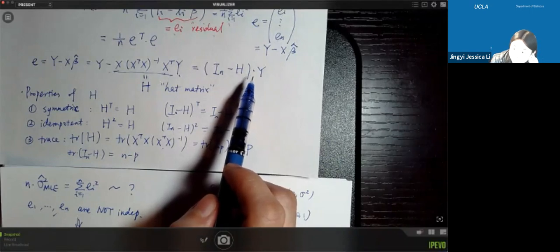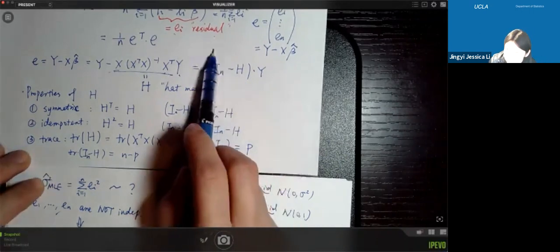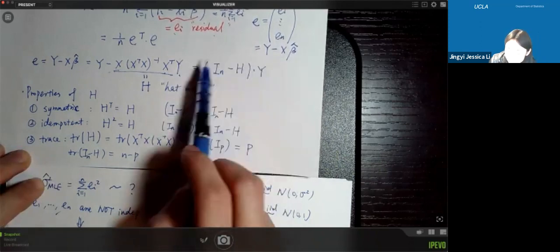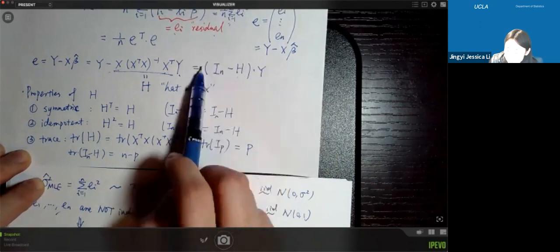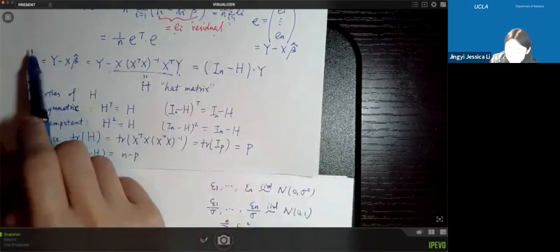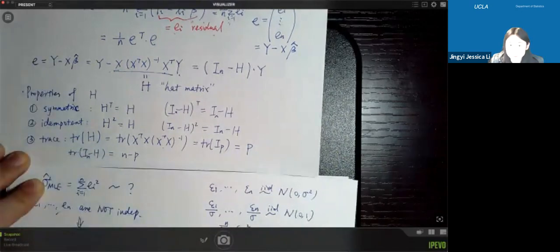That's just 1. Actually, that's a bad example. I should say it's a square matrix of 1 over n. So I do this left multiplication for y, and then I will get a vector with y bar to y bar. What's the degrees of freedom of that?